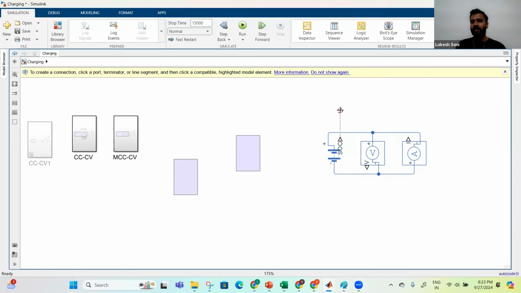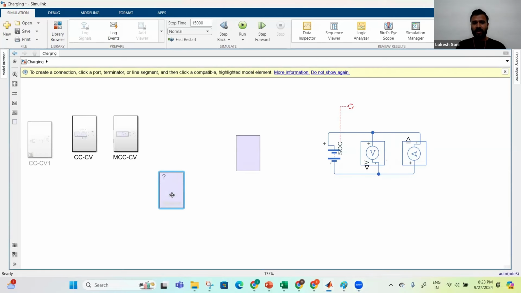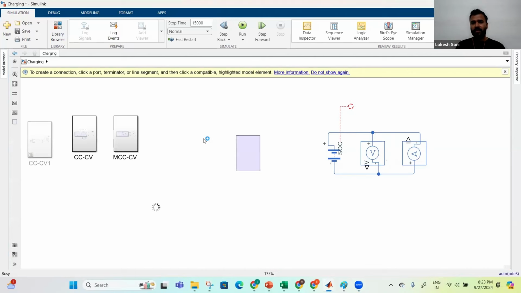Why I'm taking SOC here is that, based on the SOC, I would decide when to charge the battery. Instead of doing it manually, I would decide based on SOC. Now, once I have this, I would put my charging algorithm here. One of the more popular ways to do it is using Stateflow. Why Stateflow?